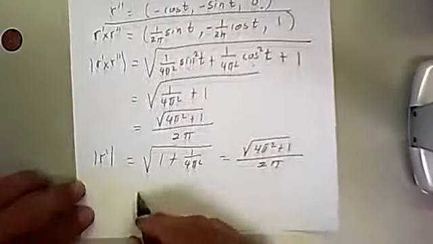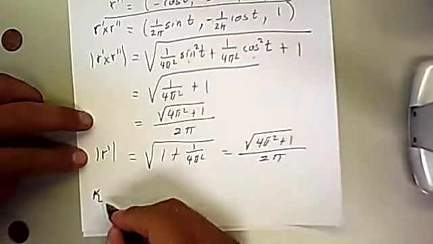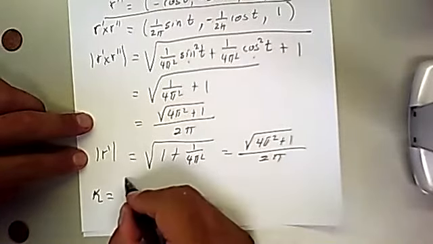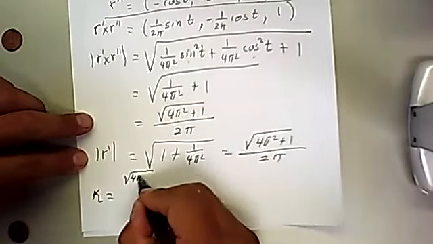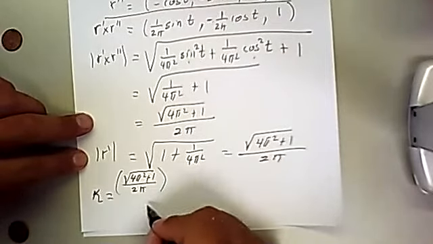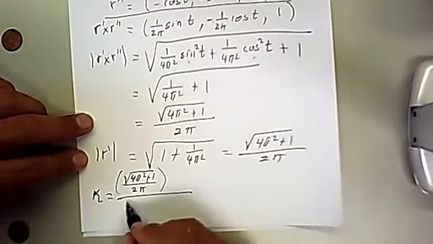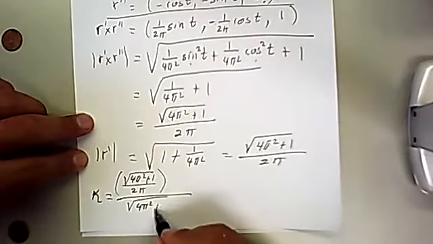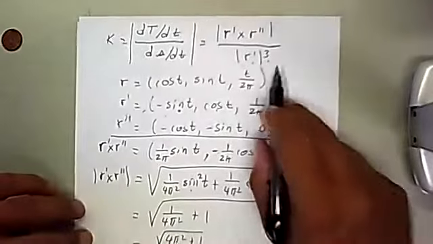Okay, so the curvature will be this quantity, square root of 4 pi squared plus 1 over 2 pi, divided by this quantity, square root of 4 pi squared plus 1 over 2 pi, but the formula calls for cubing it.